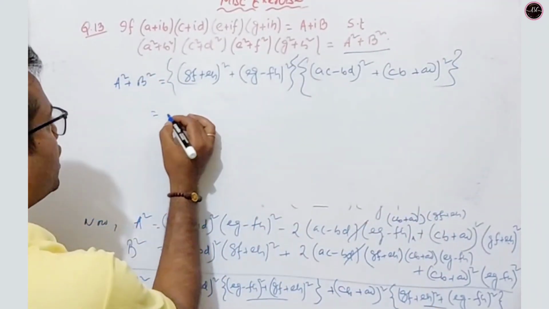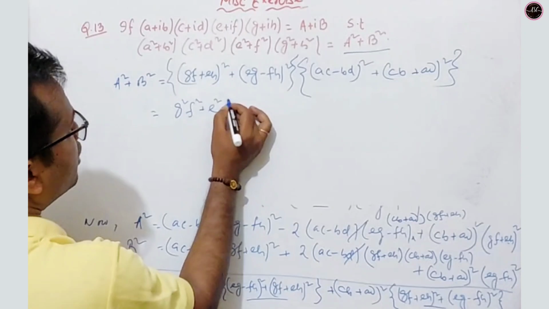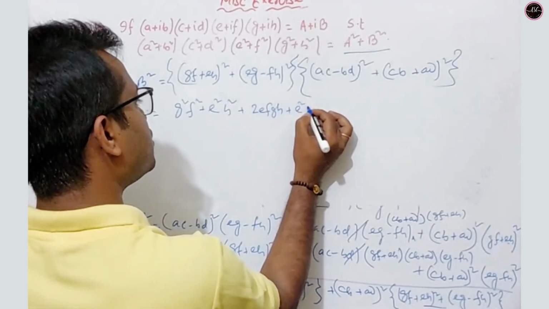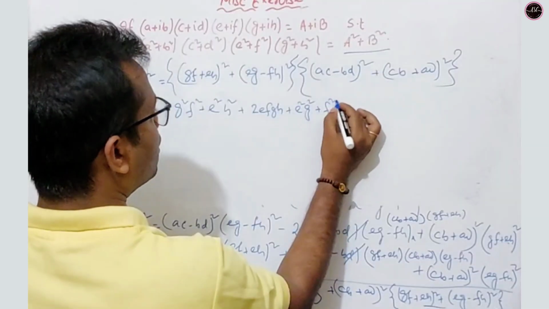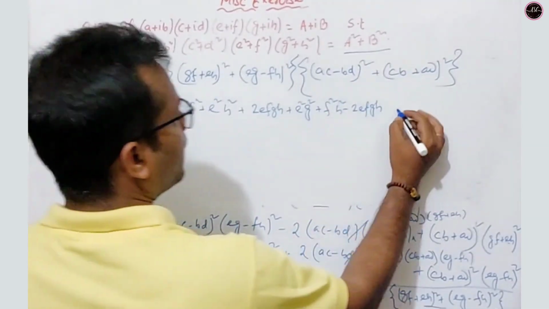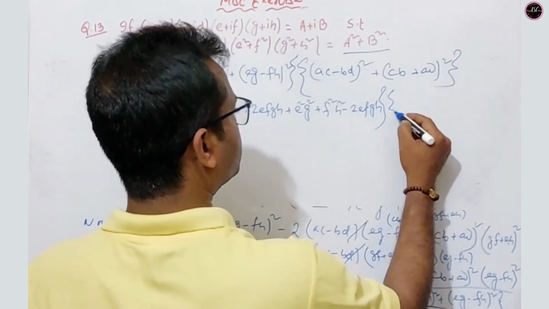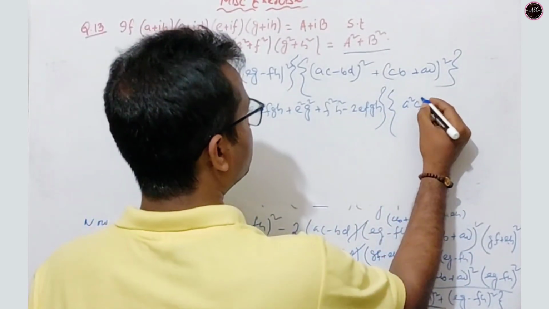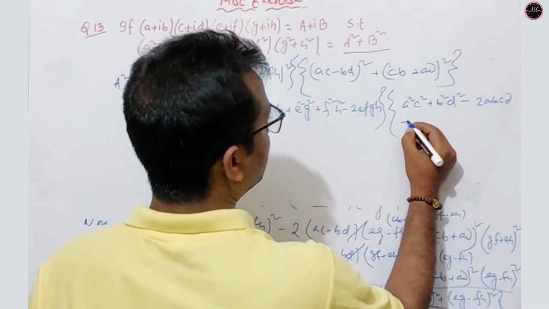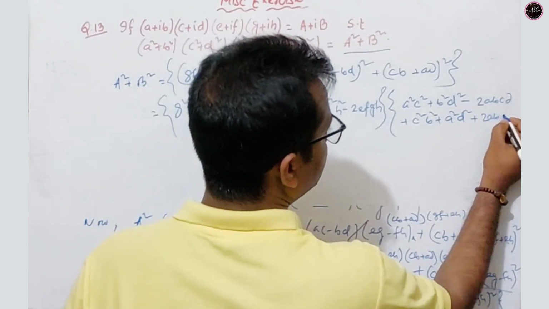Now simplifying this, we get G square F square plus E square H square plus 2EFGH plus E square G square plus F square H square minus 2EFGH. Here A square C square plus B square D square minus 2ABCD, and here C square B square plus A square D square plus 2ABCD.